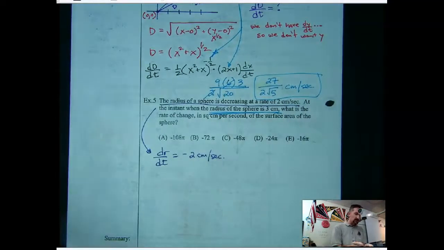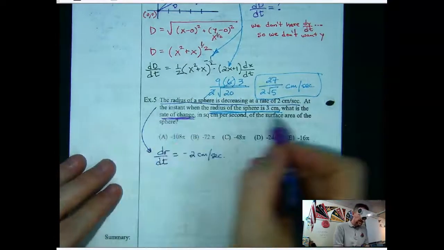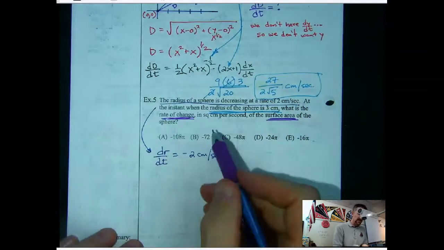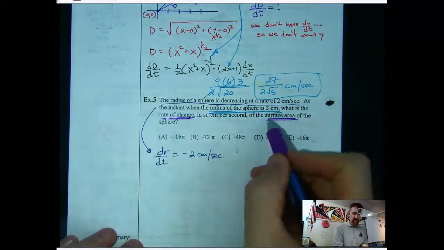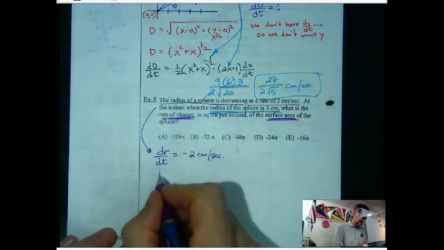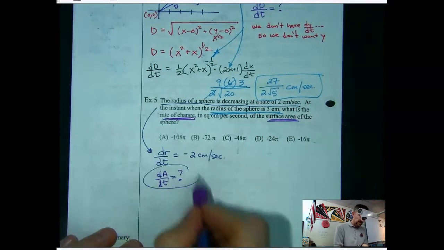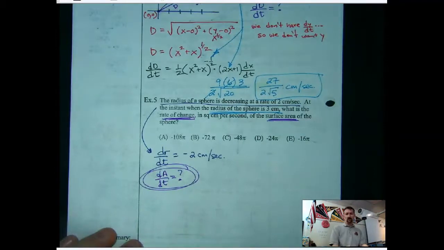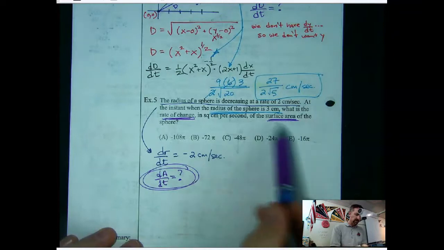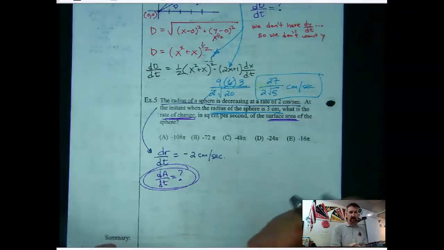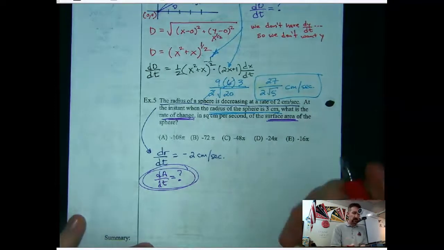What is the rate of change of the surface area? So that's pretty much telling you. I'm going to use A because even though it's surface area, it's still an area. So that's dA/dt, and put a question mark. Put that in your work. What is it that we're trying to find? I'm not going to draw a picture of a sphere, so that's step 1 and 2. We don't need a picture of a sphere. That's not going to help us.